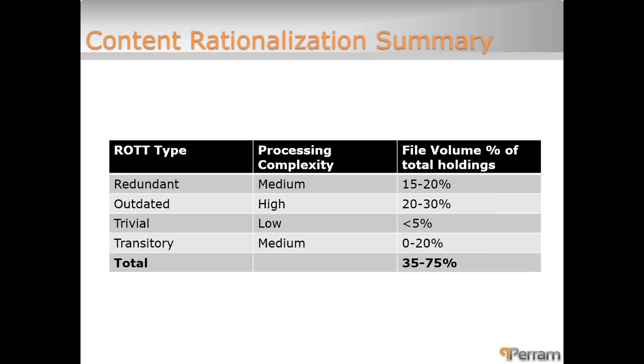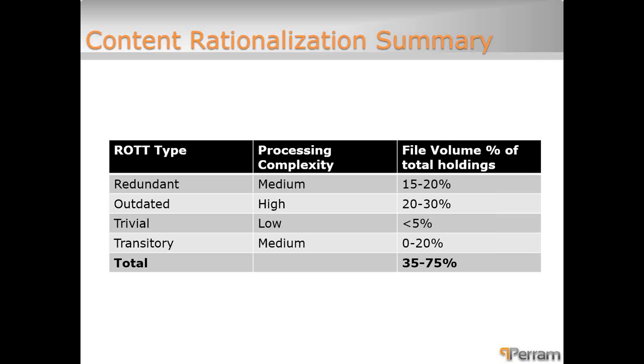What does all this add up to in terms of content rationalization? What is possible? Typically, we see redundant or duplicate information coming in, 15 to 20% of content, outdated information, 20 to 30%, trivial, usually 5% or less.